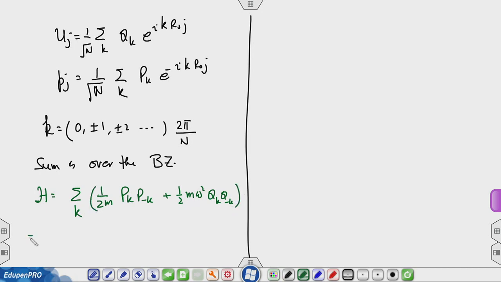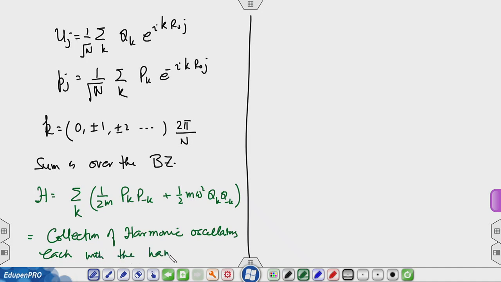So, this is equivalent to a collection of harmonic oscillators, each with the Hamiltonian 1 over 2m p_k p_{-k} plus 1/2 m omega squared q_k q_{-k}.